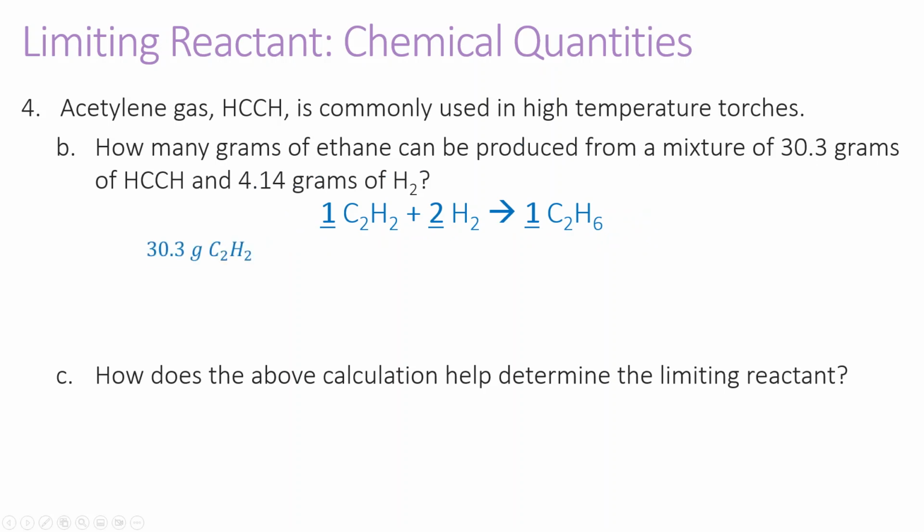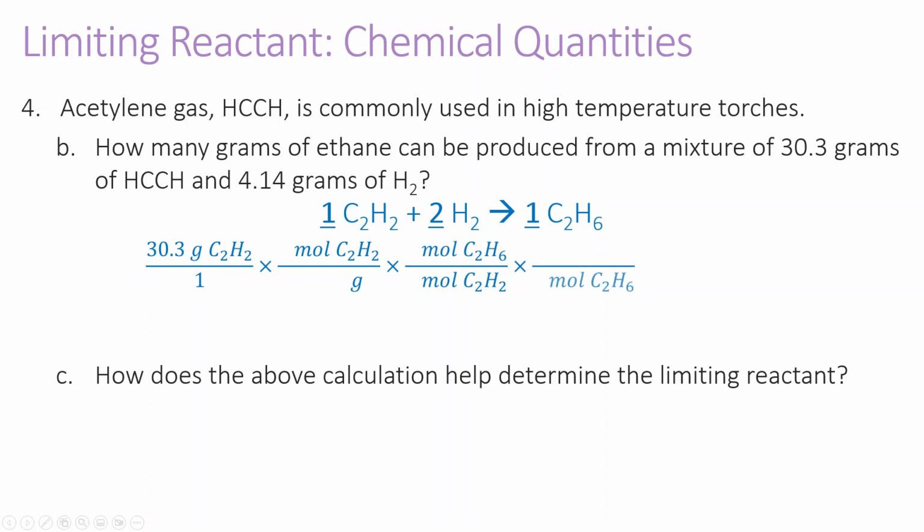So I'm going to do 2 calculations. In one, I'm going to start out with my grams of C2H2. Convert that into moles of C2H2 using molar mass. I'm going to use a mole ratio to get moles of C2H6. And since this question asks for grams, I'll change moles of C2H6 into grams.